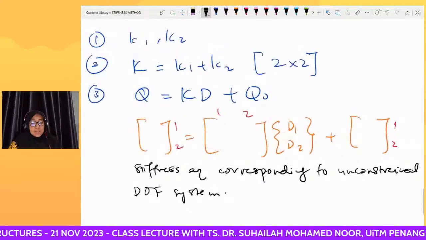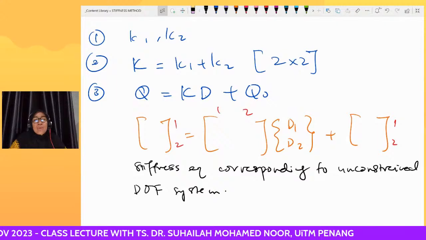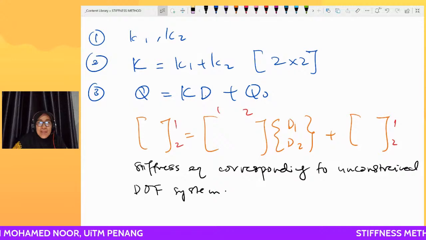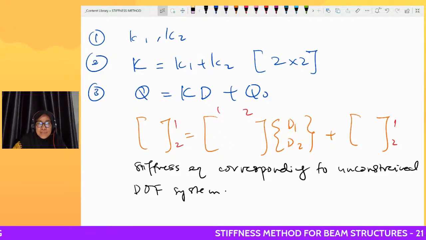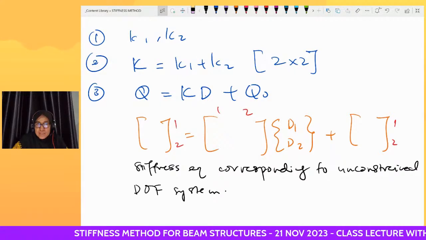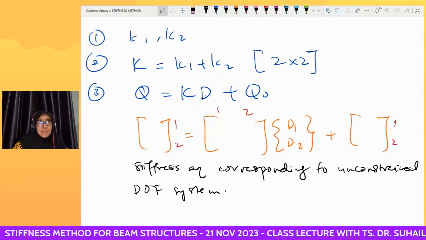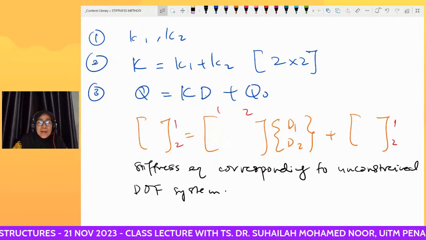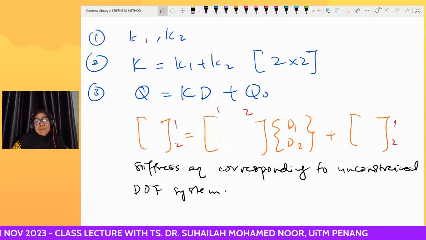Okay, these are all the steps whenever the question asks you to give displacement. If the question asks you to A, establish element stiffness matrices, B, establish structure stiffness matrix, C, establish stiffness equation, D, calculate unknown displacement, then you have to give in full.